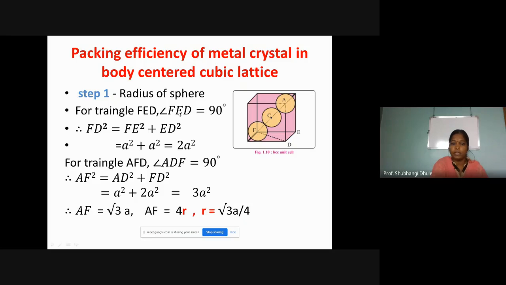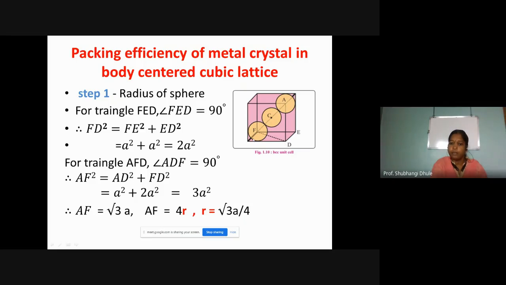For this, we take the triangle FED, with FE and the base at the face.